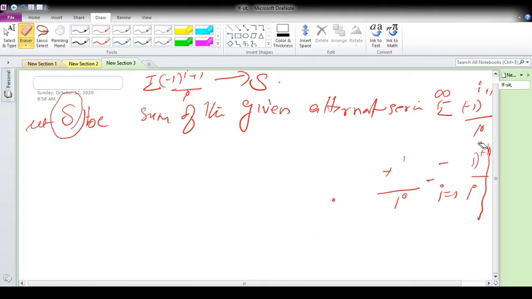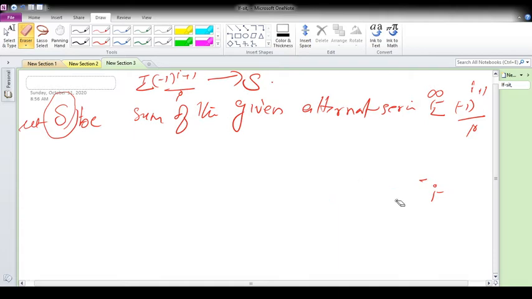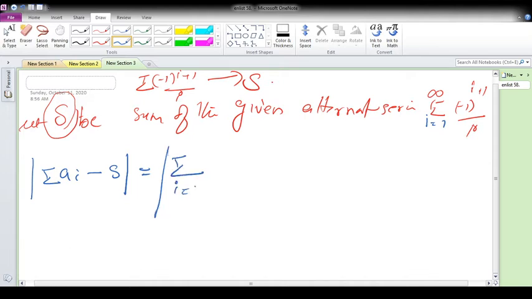So we can write the series, summation a_i minus S, that is equal to summation i equal to 1 to infinity of (-1)^(i+1) by i minus summation i equal to 1 to n of (-1)^(i+1) by i.